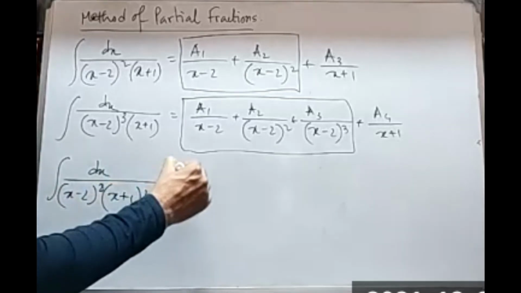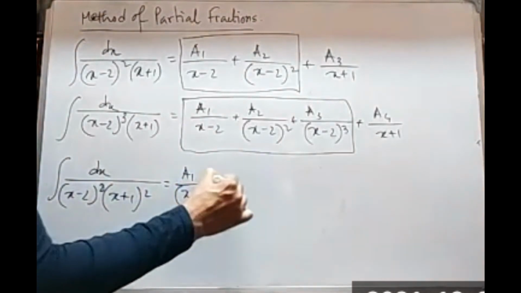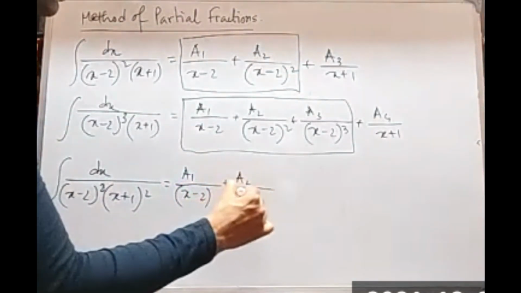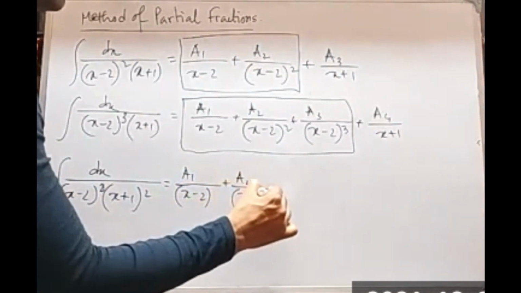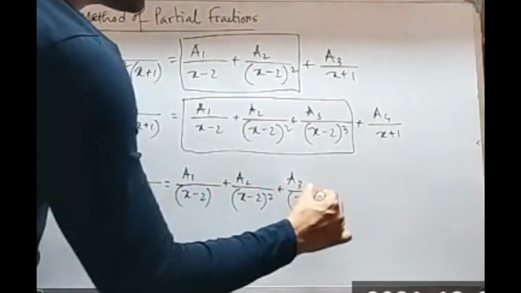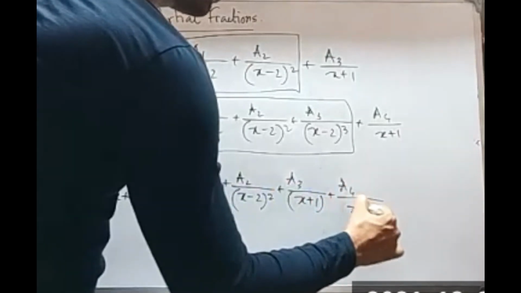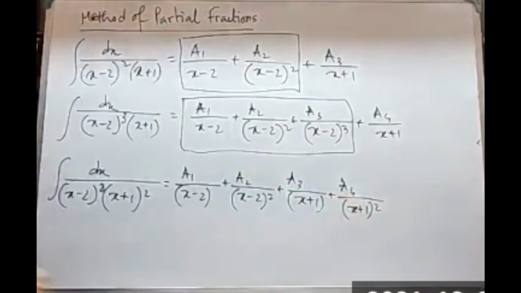Then for both the factors we need to write the powers like this, and x plus 1 gives a4 by x plus 1 whole square. Okay, so this is the way to take the expression.